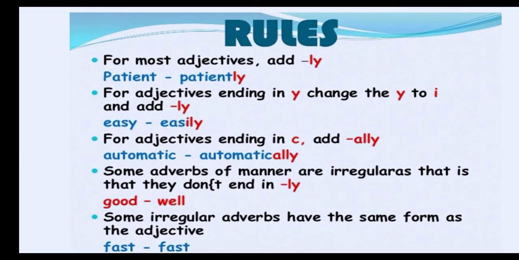Moving to the next rule. Suppose you are writing an adjective, suppose patient is given here. So you need to add ly to it, okay, and wherever the word ends with y, you will be changing the y to i. Suppose we talk about easy. Easy ends with the alphabet y, so we are adding i to it and then we are writing i-l-y.